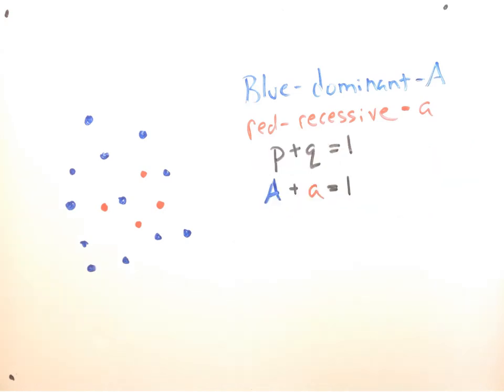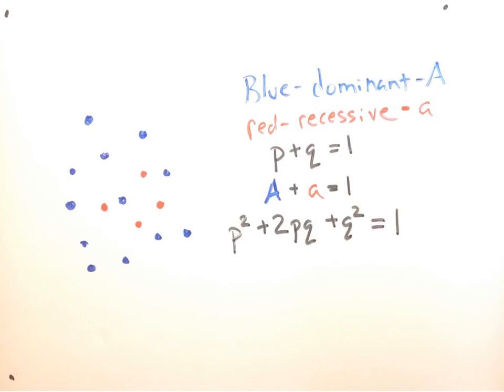In the entire population, all of the dominant alleles plus all of the recessive alleles equal all of the alleles in the population. So for the first Hardy-Weinberg equation, P equals the dominant alleles and Q equals the recessive alleles. But since some of the animals have a dominant phenotype, we don't know out of those animals how many are homozygous dominant and how many are homozygous recessive.